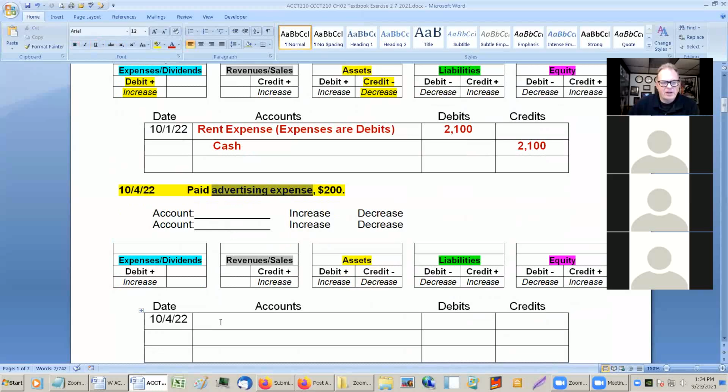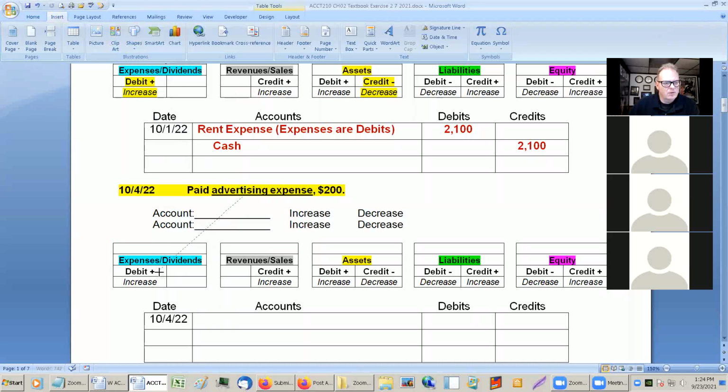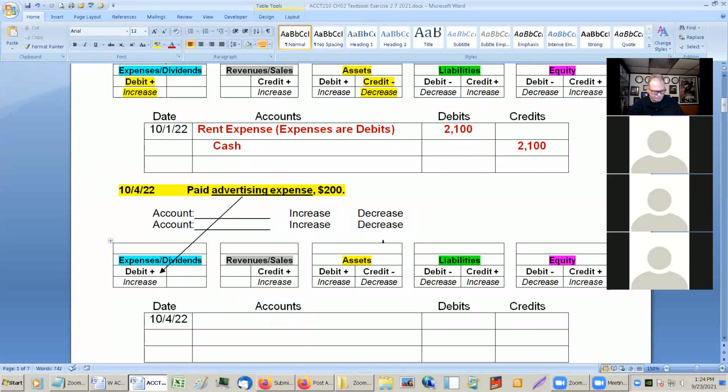Now, without even knowing what the other account is, expenses are debits. I say everything expense. So whenever you see expense, it's a debit.